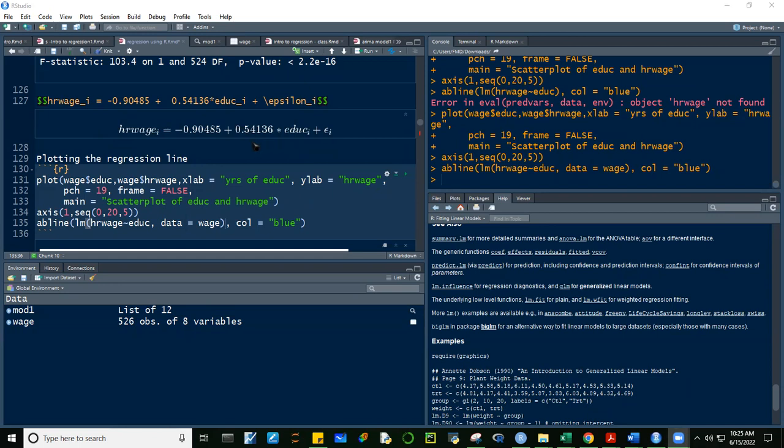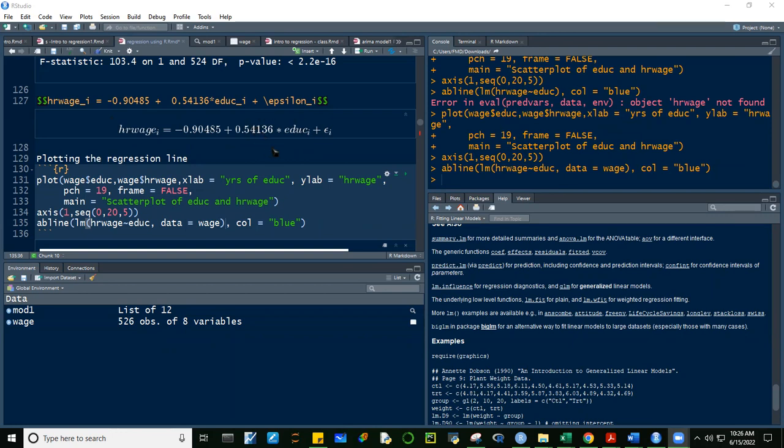So this is the marginal or incremental change in your dependent variable for every 1 unit increase in your education. Okay, so 0.54 change in hourly wage per 1 year increase in education. That's the meaning of 0.54. So for example, if education increases by 2 years, then the increase in hourly wage will be 0.54 times 2.